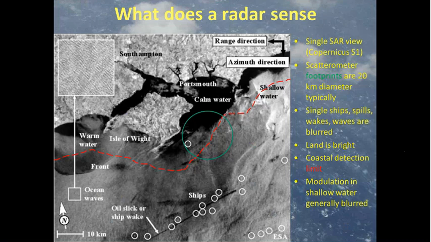So then the question is, what does a radar see? And this is a different instrument. It's a synthetic aperture radar, a SAR. And this is from Copernicus, a Sentinel-1 SAR. And you see this near Southampton and Portsmouth in the UK. In fact, you see many features in this plot.